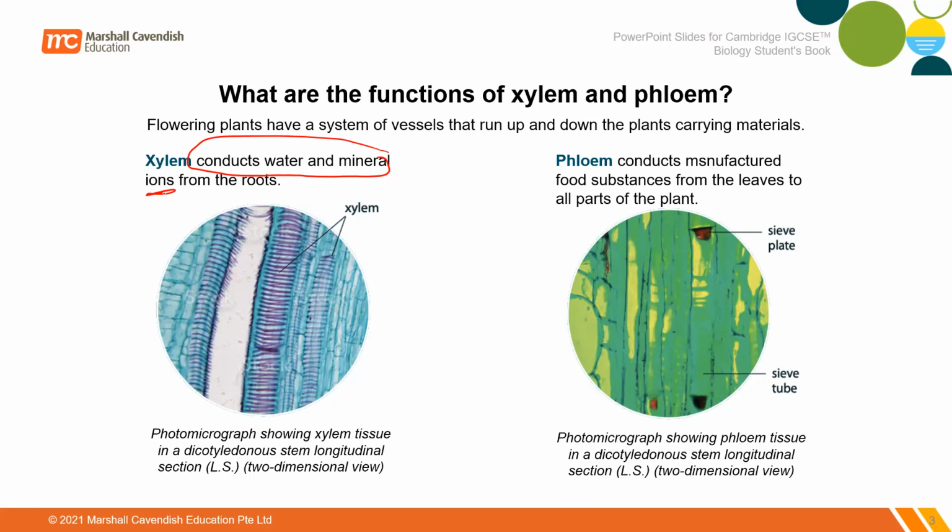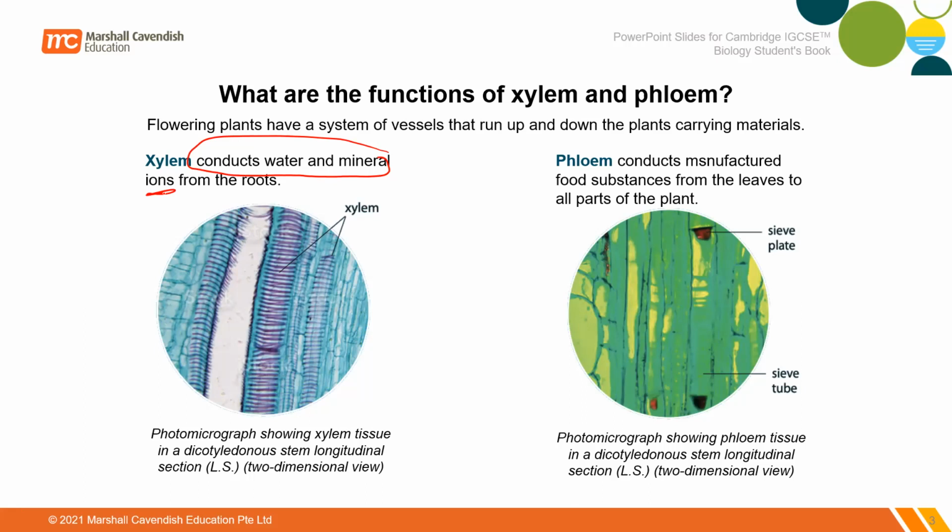So very important, guys, to use the accurate verb in the accurate place. Xylem transports or conducts, but root hair cells are responsible for absorbing all of the materials from the soil.